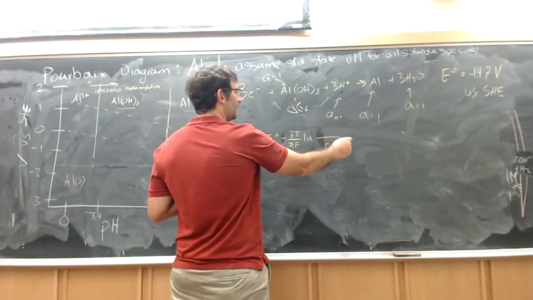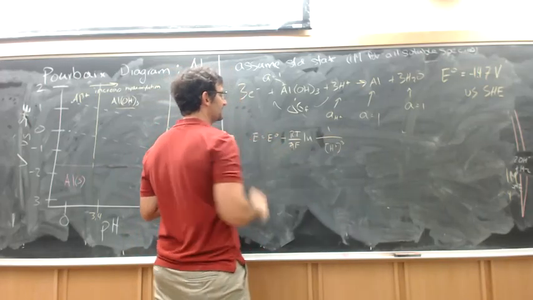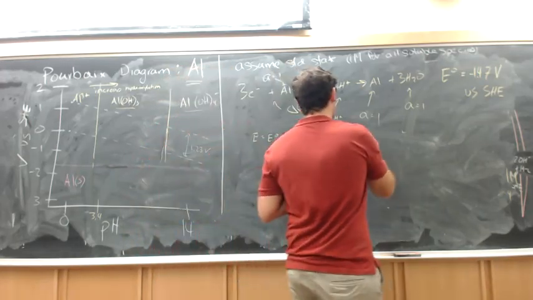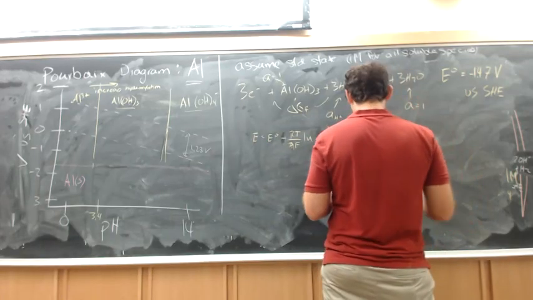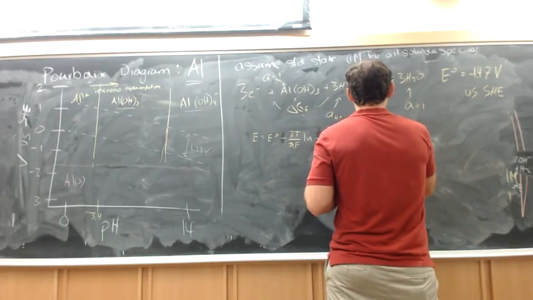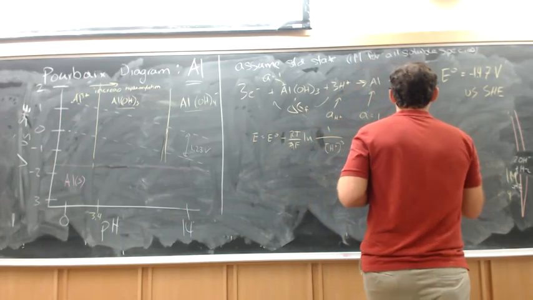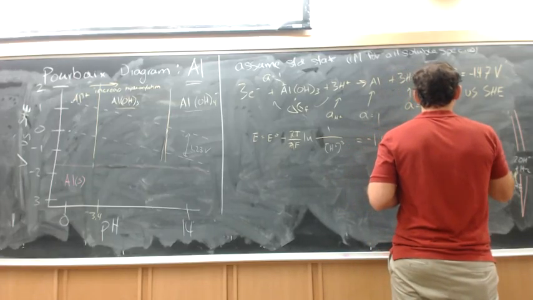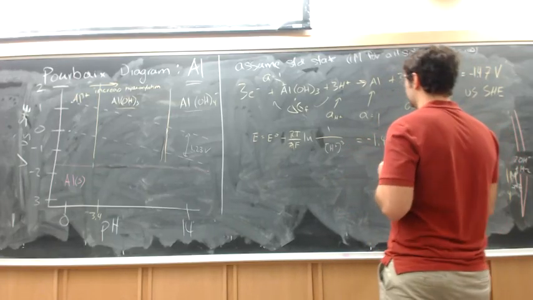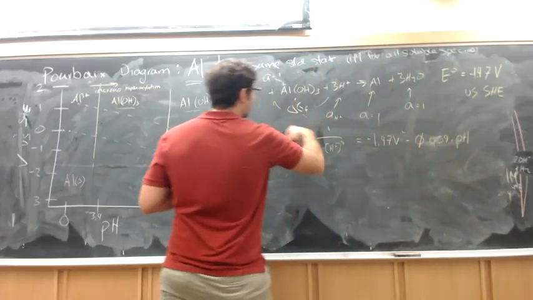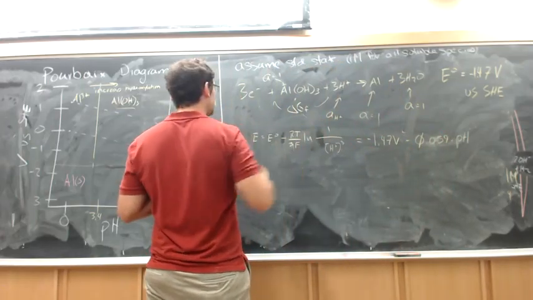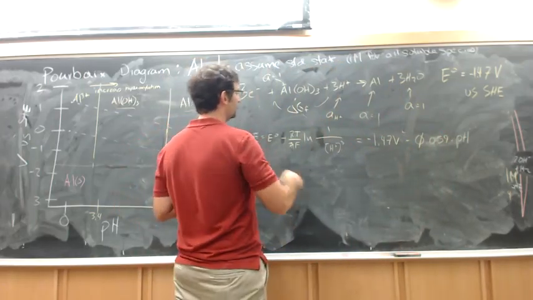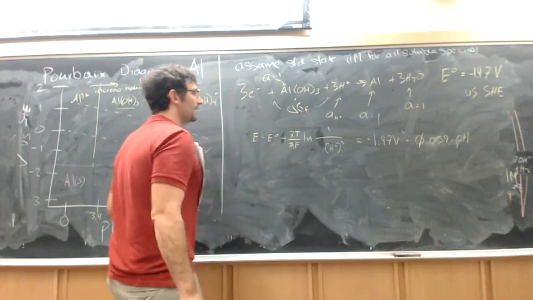So the negative 3 H plus cancels with the negative 3 there. And so that should just give us negative 1.47 volts minus 0.059 times pH. Right? Because we're just going to get the same exact thing we did for the hydrogen evolution reaction, 60 millivolts per decade.